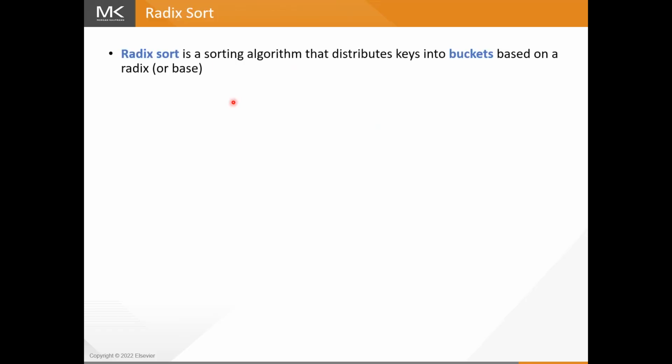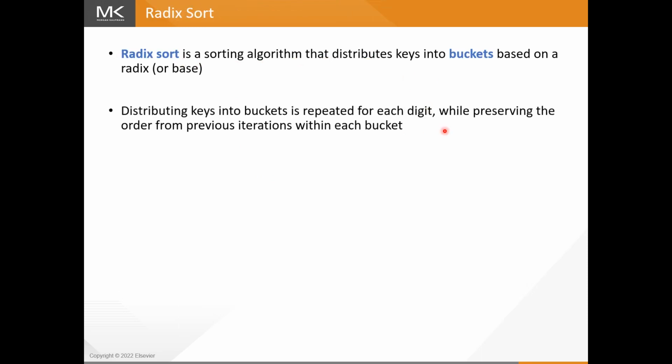The way radix sort works is I distribute my keys into buckets based on some radix value. So I take my keys, I extract a radix value from these keys, and I sort them into buckets based on this radix value. And then I keep repeating this process.